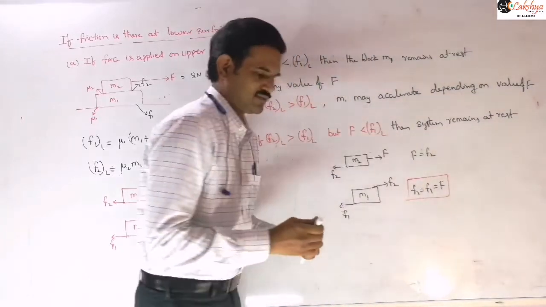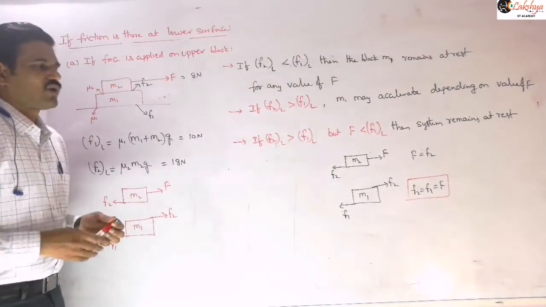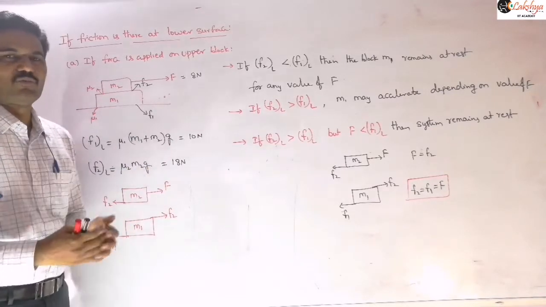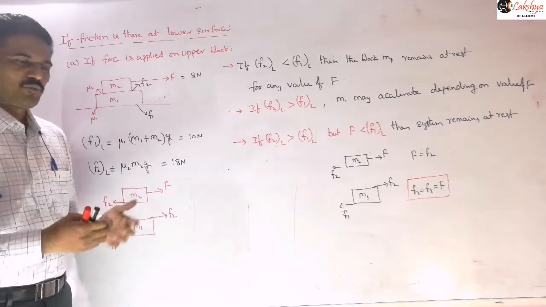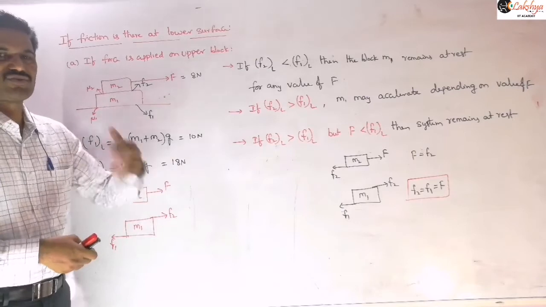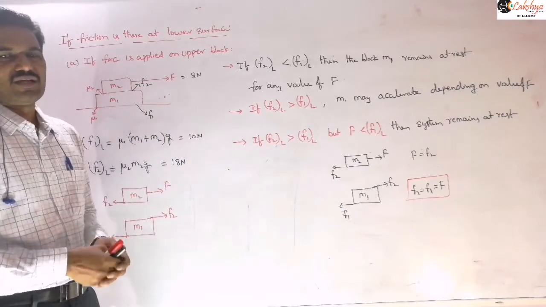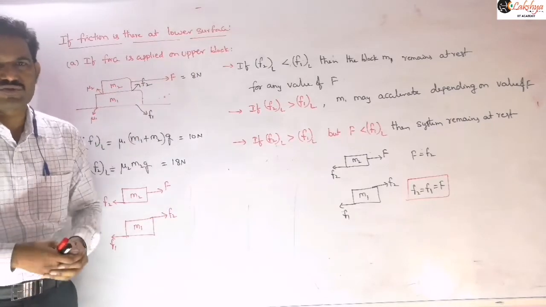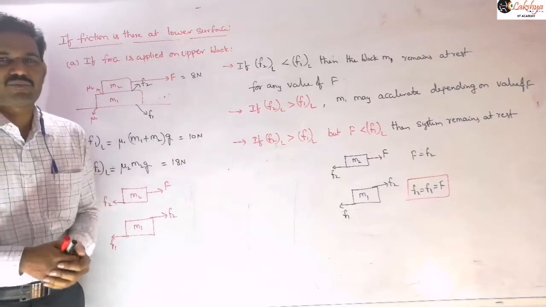So F1, F2 are equal and that will be equal to this applied force here in that case, right? Now next there may be the possibility that if F is greater than this F1, both the blocks may accelerate, either with a common acceleration or with different accelerations. Once the system starts accelerating, we can check whether the acceleration is common by using our previous knowledge, which we discussed in our previous classes.